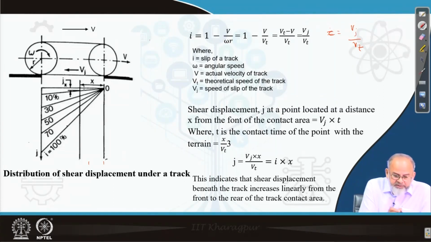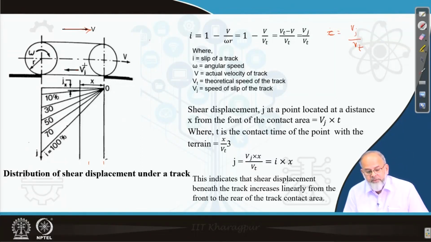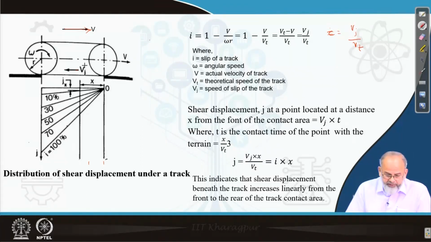So before that, let us know what is the slip velocity, Vj. When Vj is acting opposite to the direction of motion, that means the track is slipping. When it is acting along the direction of motion, then the track is skidding. So I have indicated here the Vj direction, and here the track movement. These are in opposite directions, so the track slips.